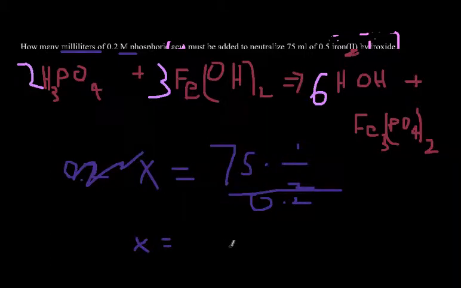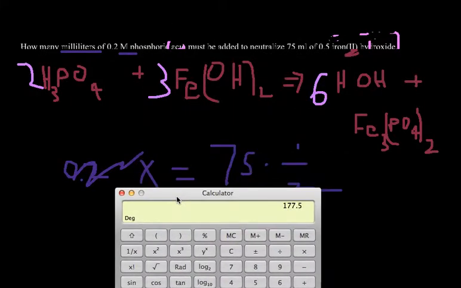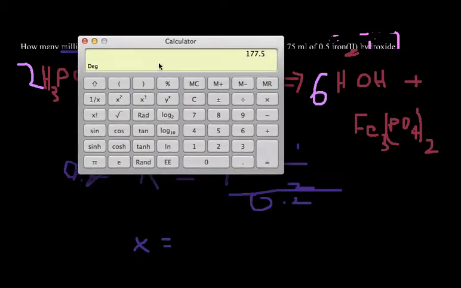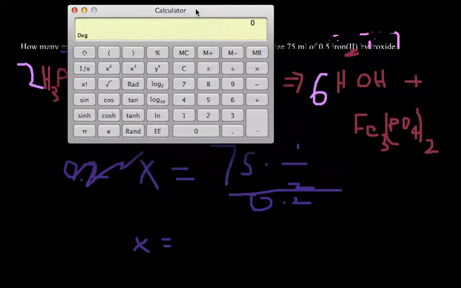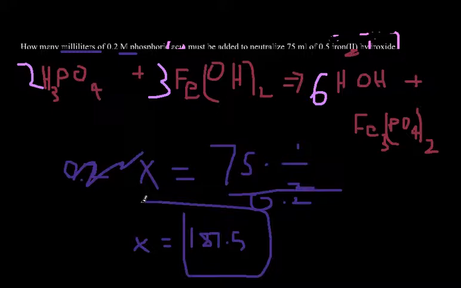Plug it into our calculator: 75 divided by 2 is 35.5, divided by 0.2, that's 177.5. Did we do that correctly? I was lying. 75 divided by 2 is not 35.5. 75 divided by 2 is actually 37.5, divided by 0.2. That should be correct: 187.5. Now we're done. Yay, our volume.